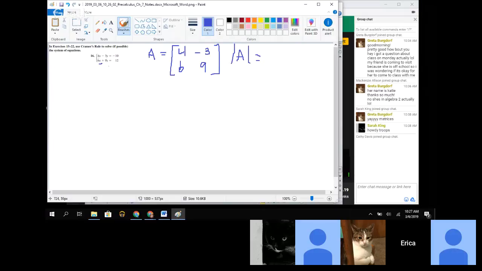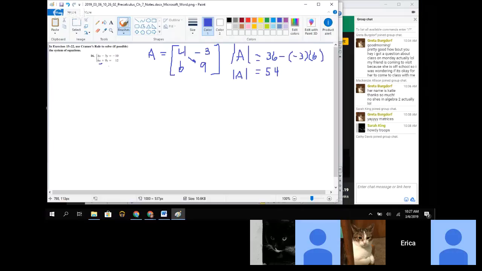We can do that pretty easily without a calculator, because that's just 4 times 9, which is 36, minus -3 times 6. So the determinant of matrix A happens to be 54. 36 plus 18 is 54.